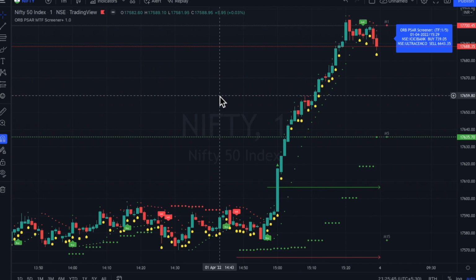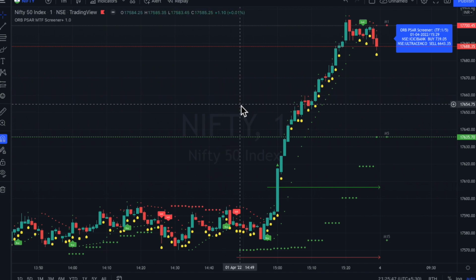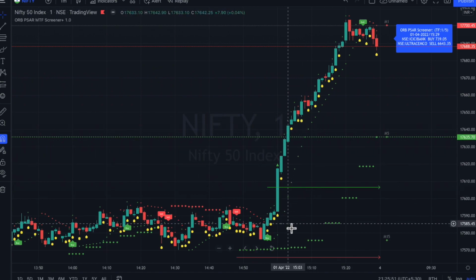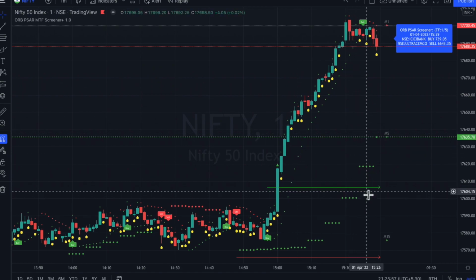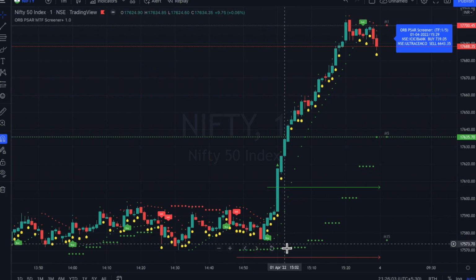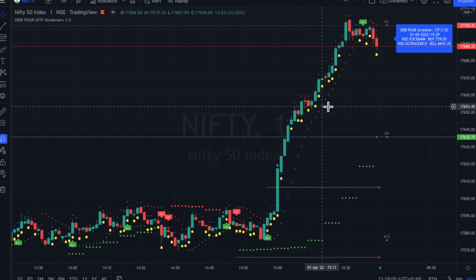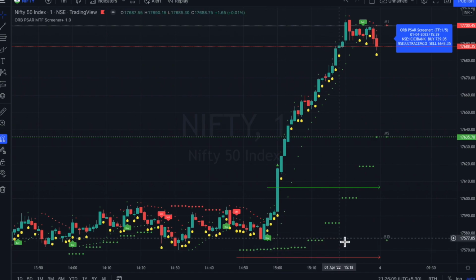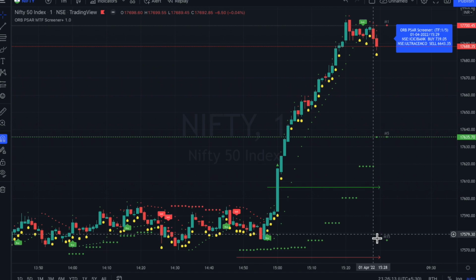So on the screen here you see that there are two types of lines which are plotted. The first is the line with the small circles, and then you have got a line with the larger circles. The thinner circle lines are the lower time frame PSAR, and the thicker circle lines, they are the higher time frame PSARs.